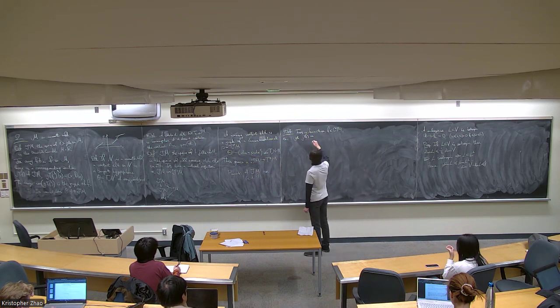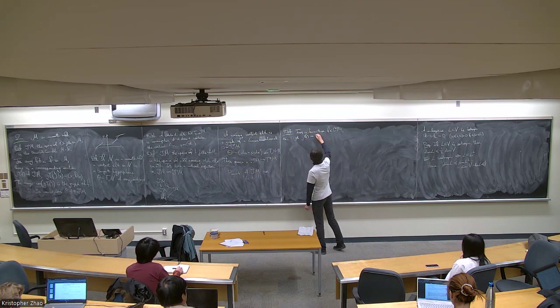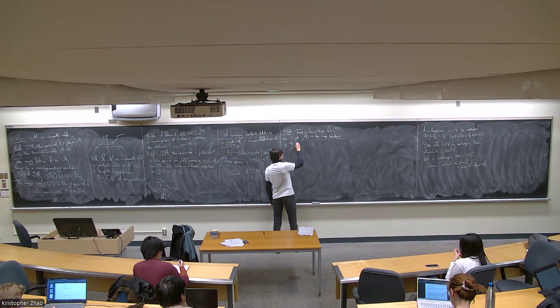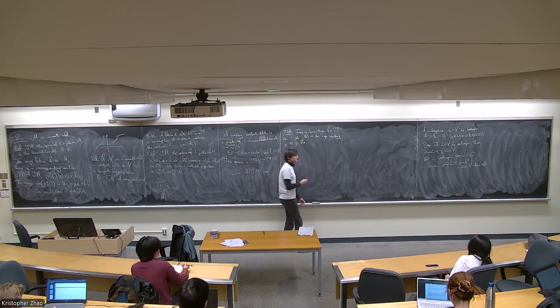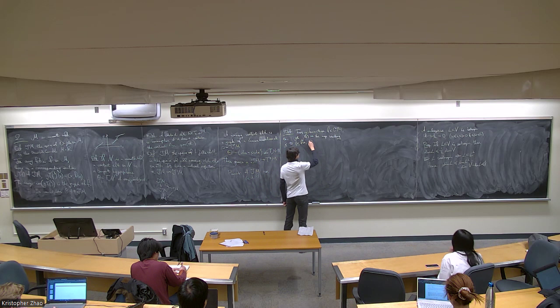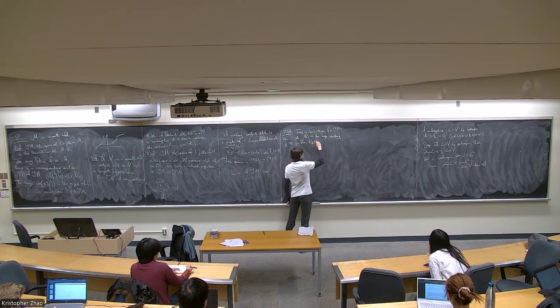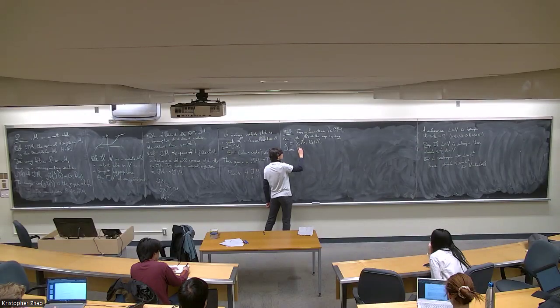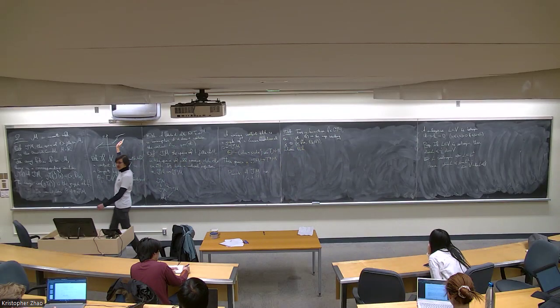Okay, so the one jet J1 of F is the map, a section of the one jet bundle, sending X to the triple X, F of X, and the new coordinate, let's call it theta X of F. This theta X of F is the tangent element to the graph.